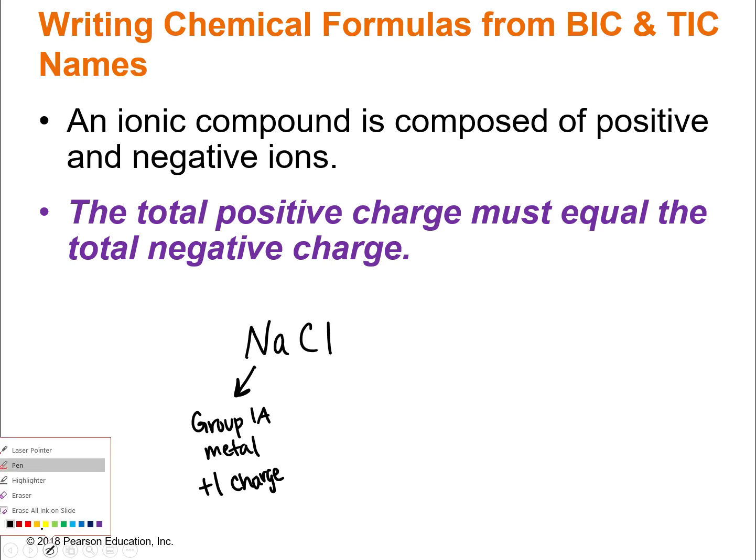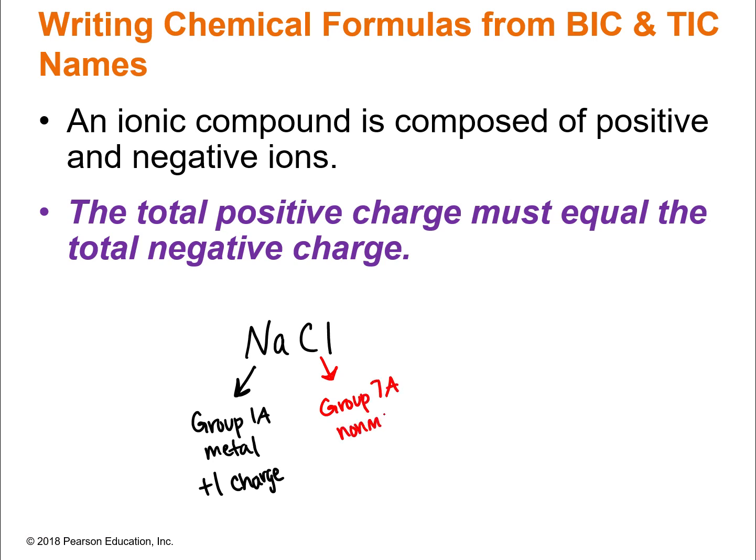Chlorine, on the other hand, is a group 7A nonmetal. It's going to have a -1 charge because you take the group number, subtract 8, and that gives you the charge.